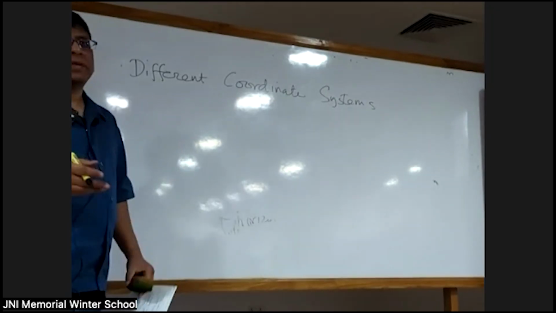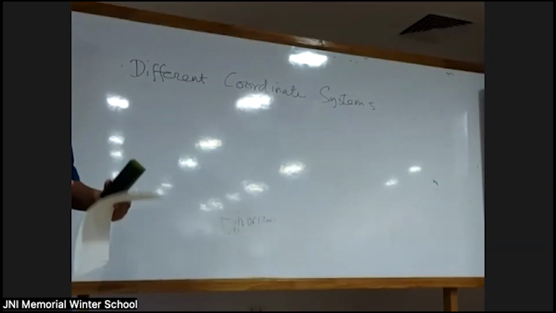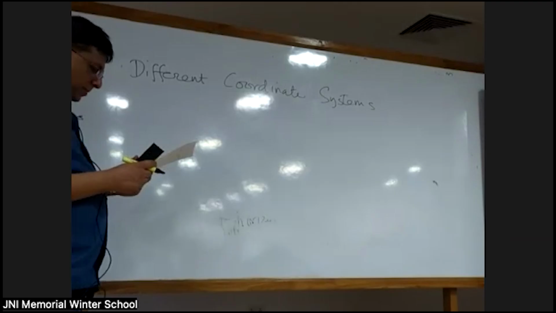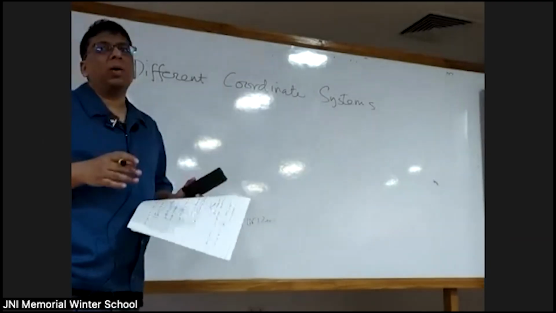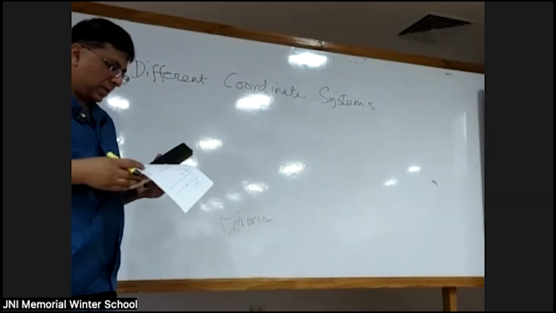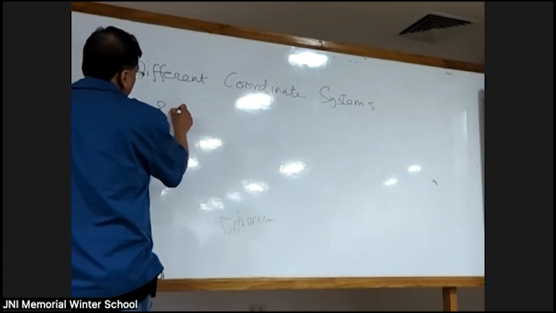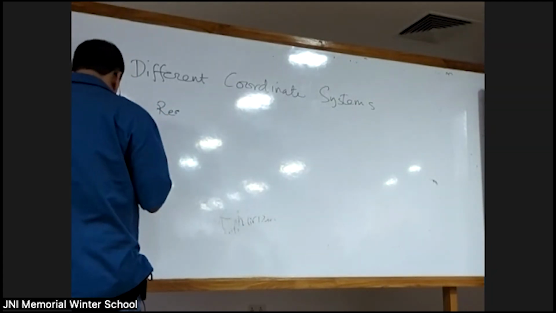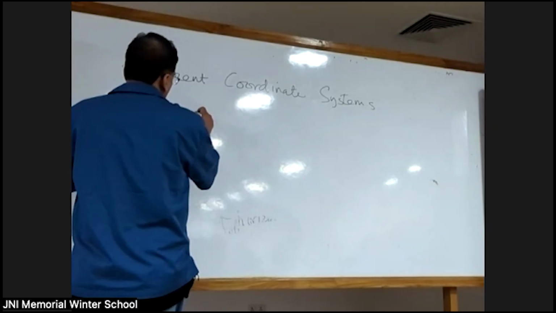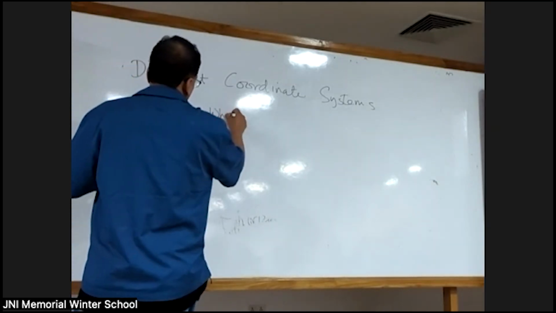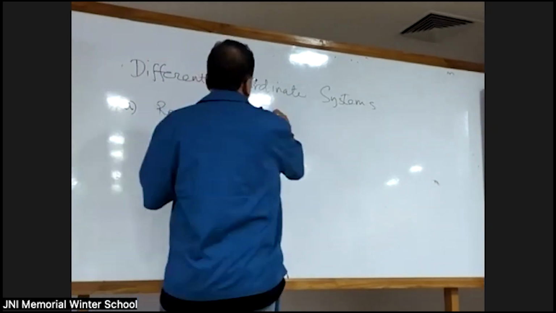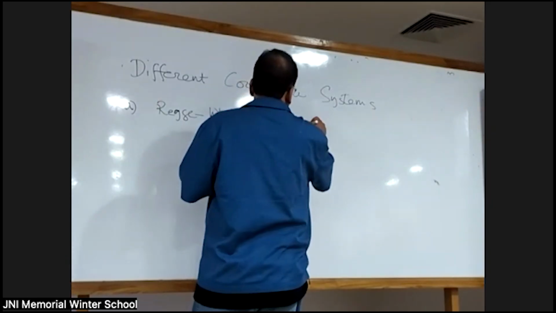So I'll give you some standard coordinate systems that people always talk about, and I'll explain the purpose of these. The first one is the Regge-Wheeler, also known as the tortoise coordinates, I think.